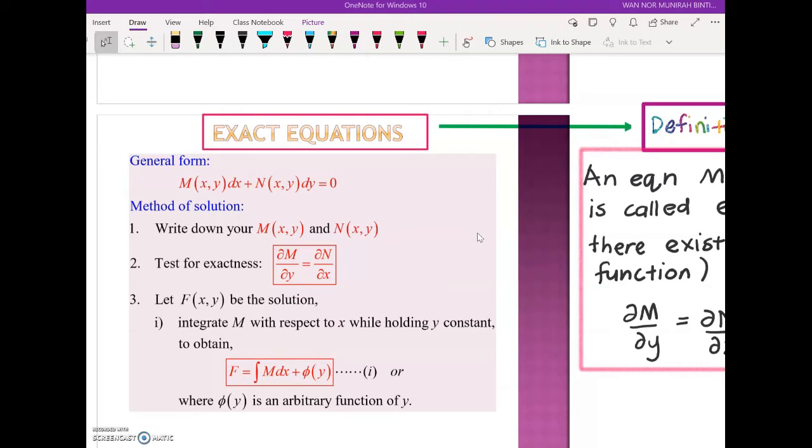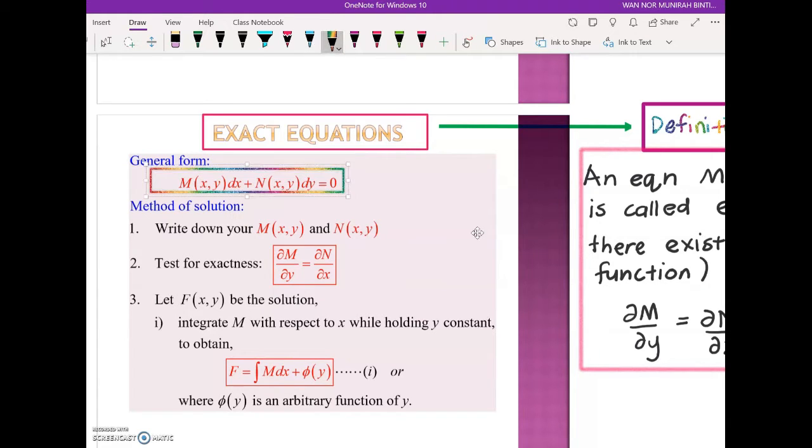First, try to rearrange the equation in the form of M dx plus N dy equals 0. M is a function of x and y, and N is also a function of x and y, and then we equate to 0.